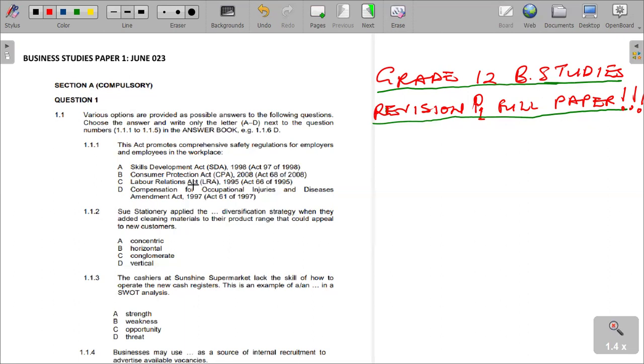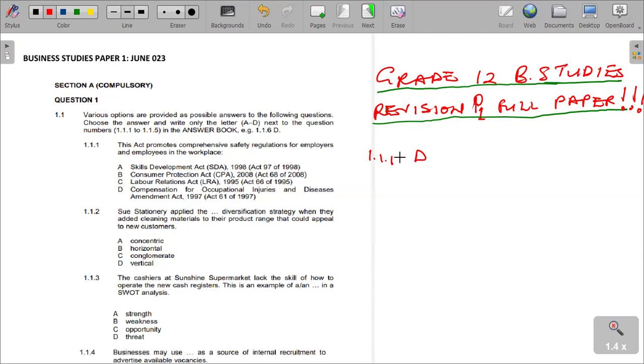The Labour Relations Act has to do with work-related matters and issues at the workplace. The question wants us to talk about comprehensive safety regulations for employers and employees in the workplace. It is the Compensation for Occupational Injuries and Diseases Amendment Act 1997, Act number 61 of 1997, which is 1.1.1. The answer is D, Compensation for Occupational Injuries and Diseases Act.